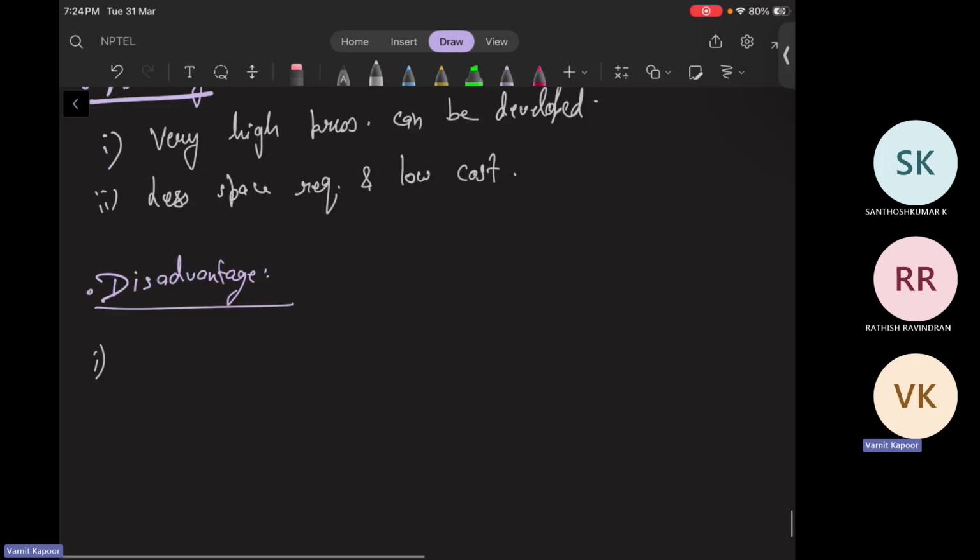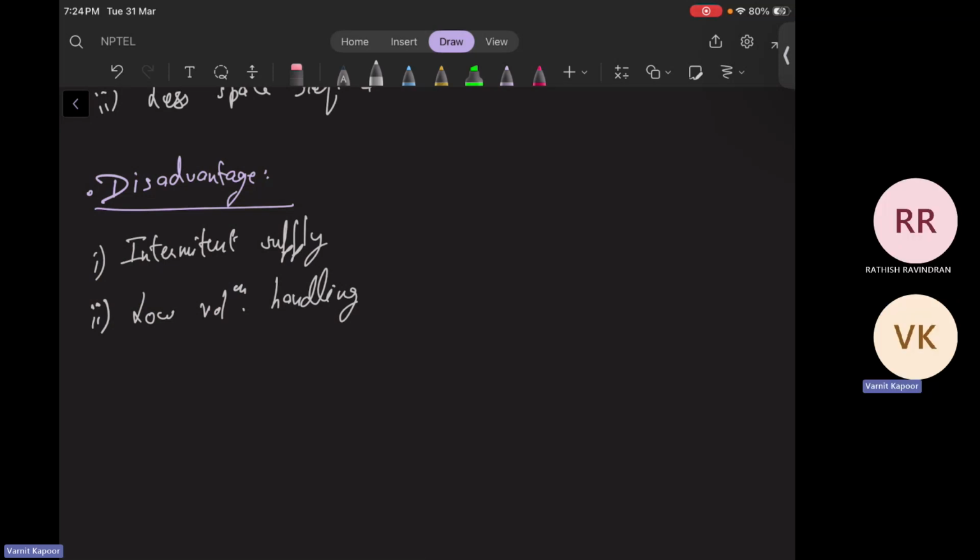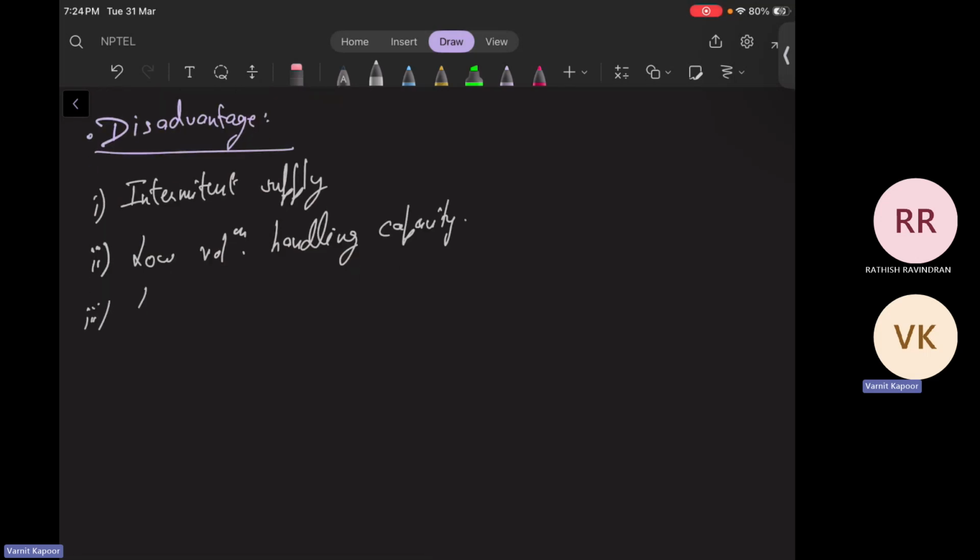Intermittent supply. Low volume handling capacity. Third, less RPM, so can't be coupled with a turbine in power plants.